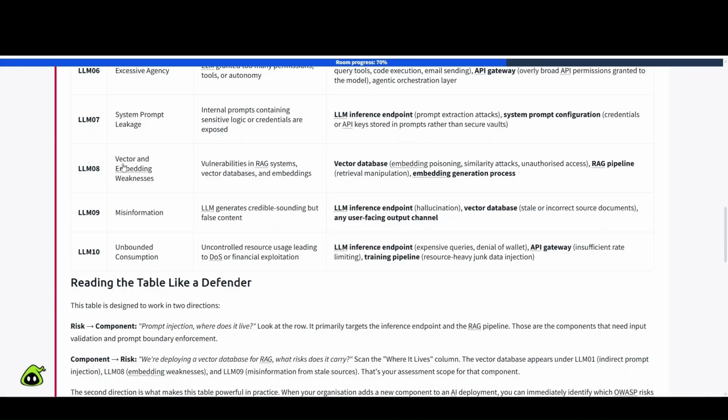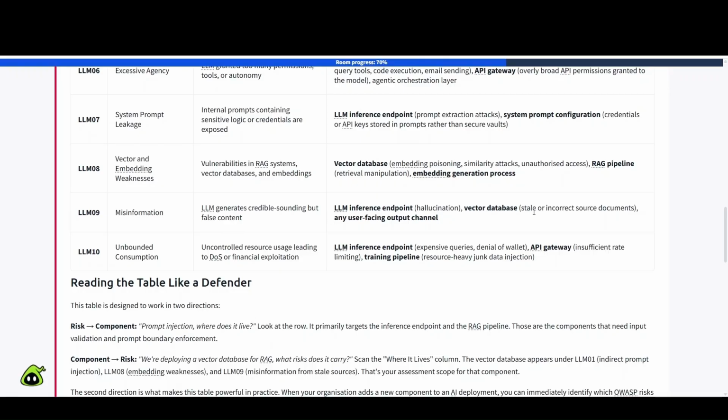LLM 08, vector and embedding weaknesses: vulnerabilities in RAG systems, vector databases, and embeddings. Vector database: embedding poisoning, similarity attacks, unauthorized access. RAG pipeline: retrieval manipulation, embedding generation process. LLM 09, misinformation: the LLM generates credible-sounding but false content. LLM inference endpoint: hallucination.